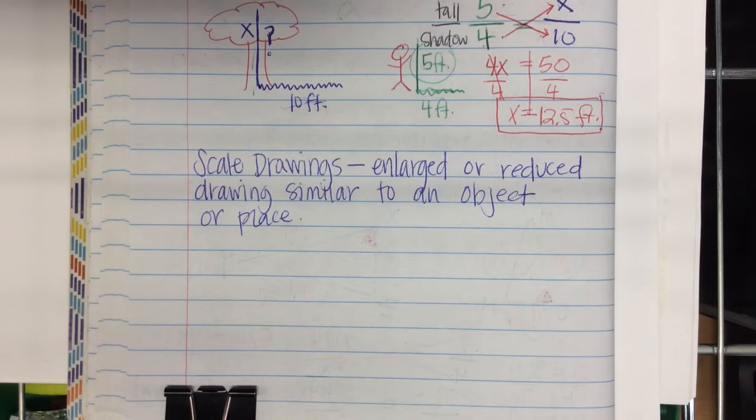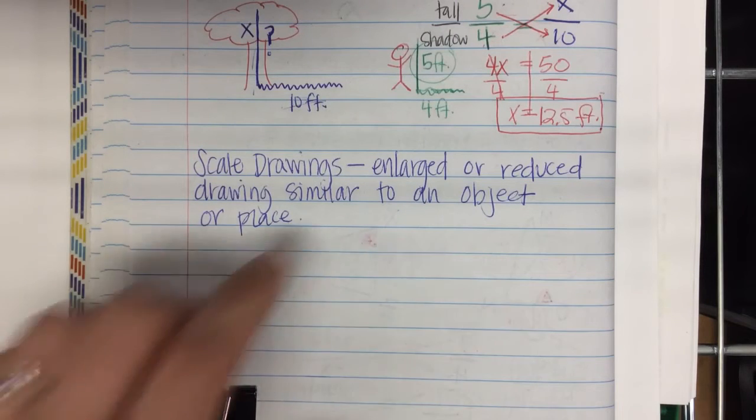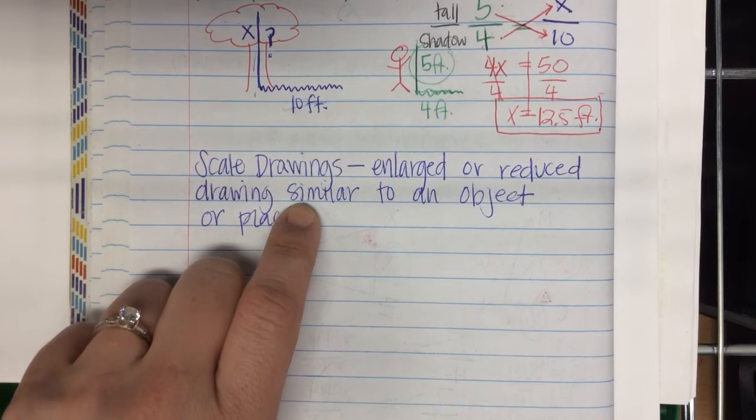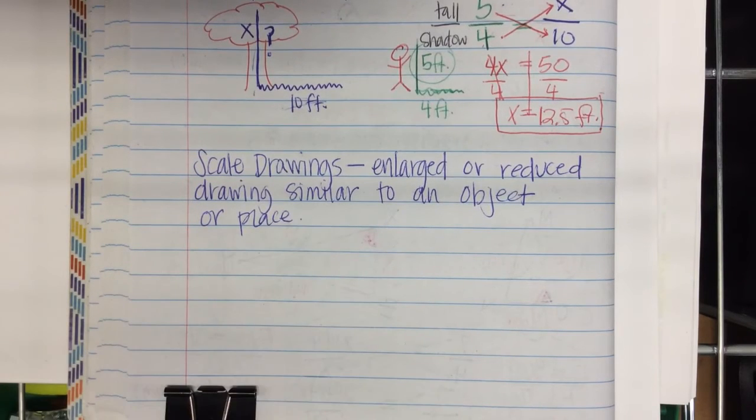Similar figures have the same angle measurements, and they're proportional. I can't just draw two similar shapes and say that I did it. I'd have to mathematically draw it, or I'd have to put labels on it that show you that they are similar. Yeah, it's dilating. You're finding what you're dilating by.